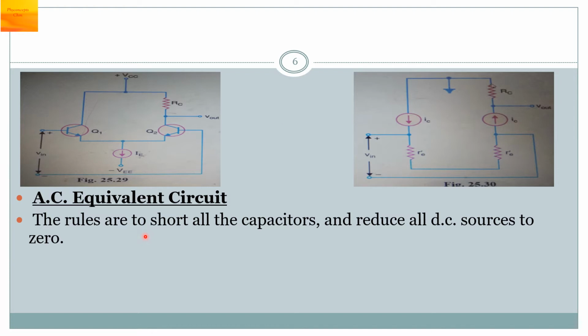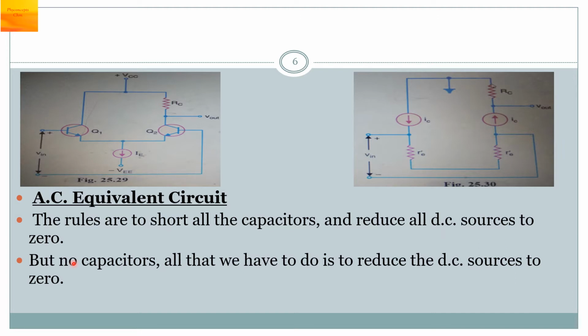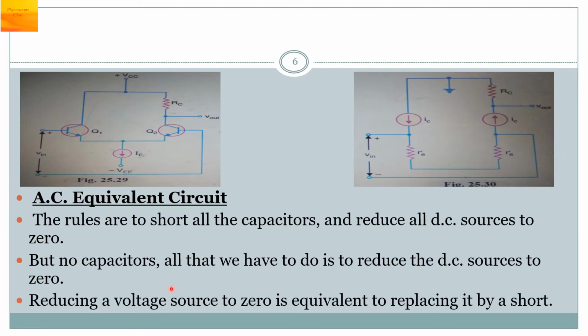The rules for making an AC equivalent circuit is to short all the capacitors, but there are no capacitors in the circuit, and also to reduce all the DC sources to zero. Reducing a voltage source to zero is equivalent to replacing it by a short.